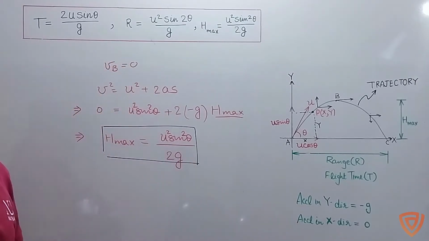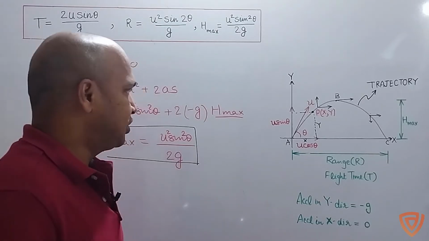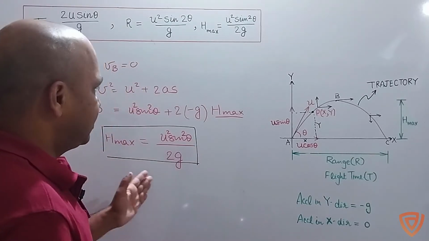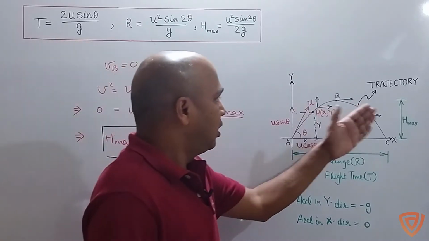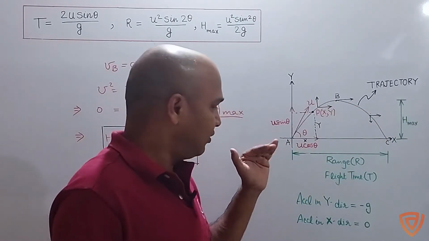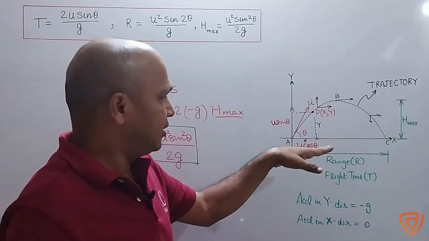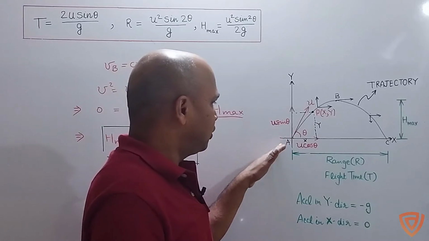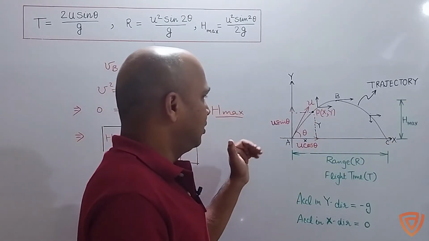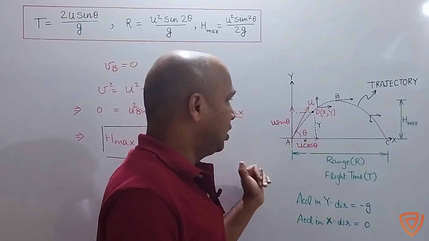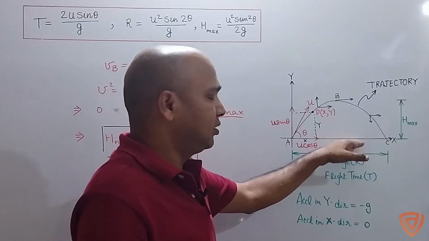So these are the three major parameters for the projectile motion, and this is how we derive the values for height max, range and flight time. The scenario we have considered here is that the object is projected from a flat surface at an angle theta with initial velocity u, and it's returning back on the same surface.